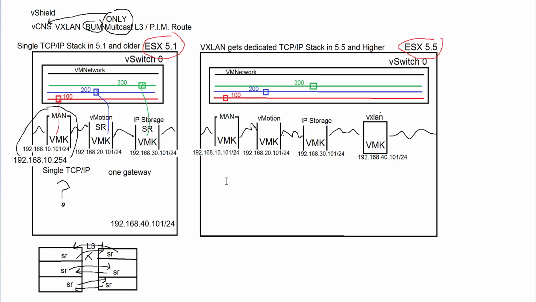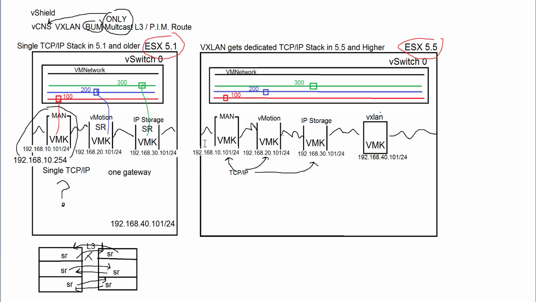The difference is that now we have a TCP/IP stack that can be used for all three of these guys, and it still just has one routing table.